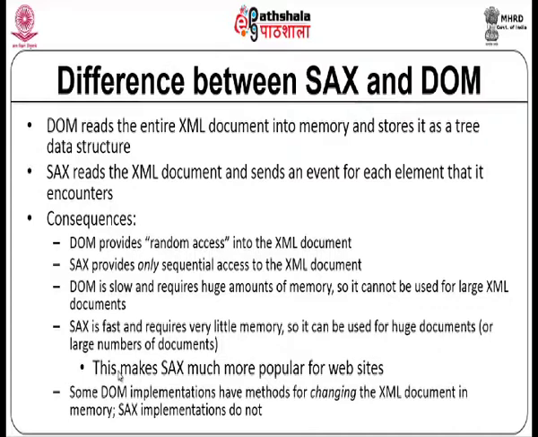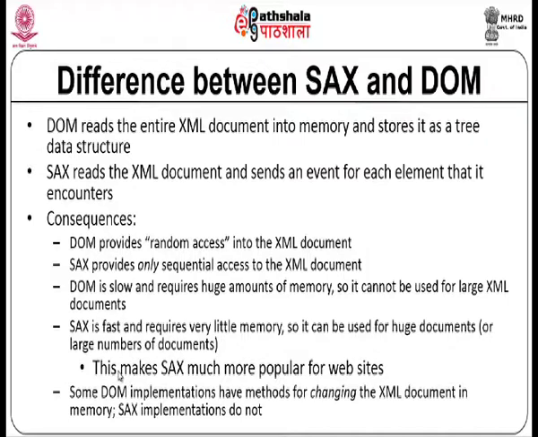DOM also requires a huge amount of memory because it has to store the entire XML document tree, whereas SAX is very fast and requires very little memory, and it can be used for a large set of documents. The SAX parser is very popular among web standards, and for website development.